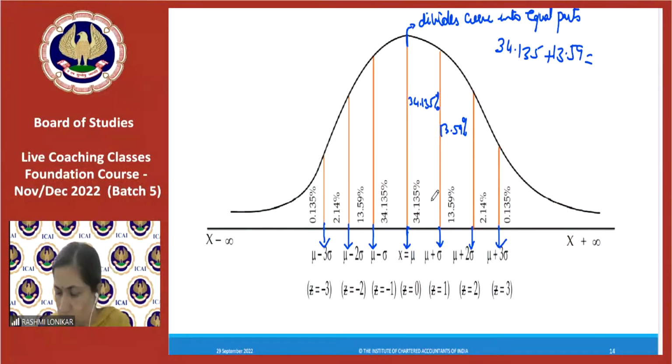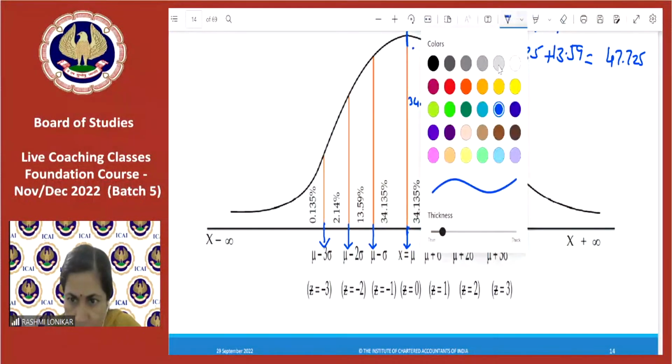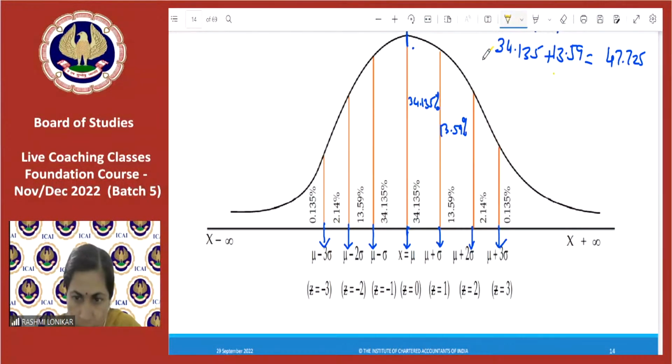Okay. Yes. 47.725. Okay, this is when I'm considering from here to here. So if I consider from here to here, they are symmetric, right?